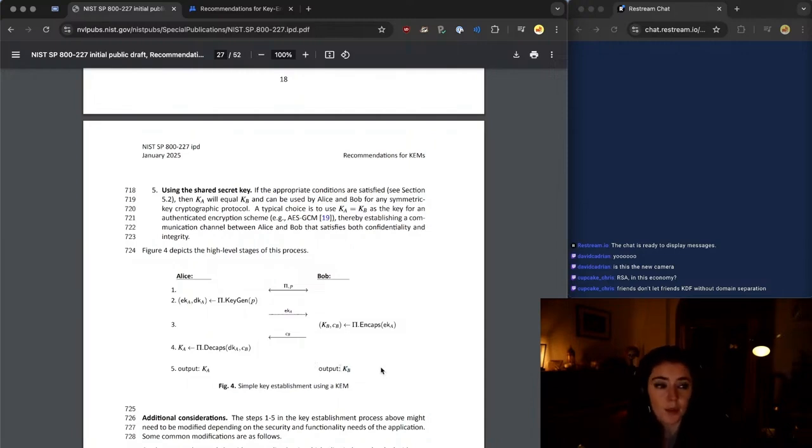If, for example, this protocol, this KEM protocol pi, is kind of bad. Some of these KEMs are kind of bad for reasons, and they'll spit out the same value. There's some cases with this, but it's mostly about this session independence thing. You want to do this anyway, but this one doesn't.